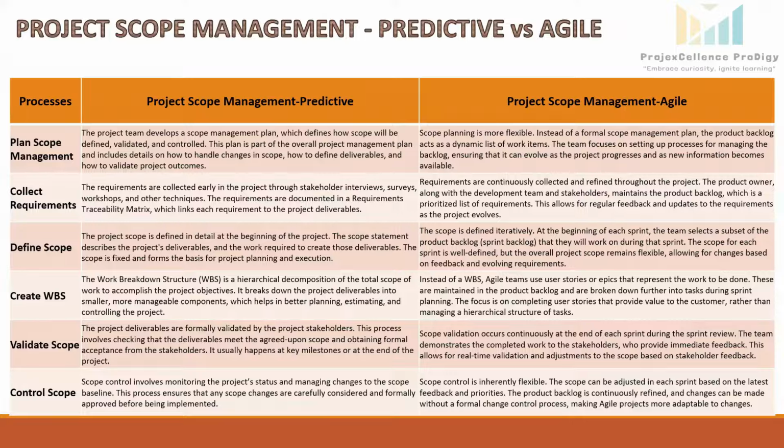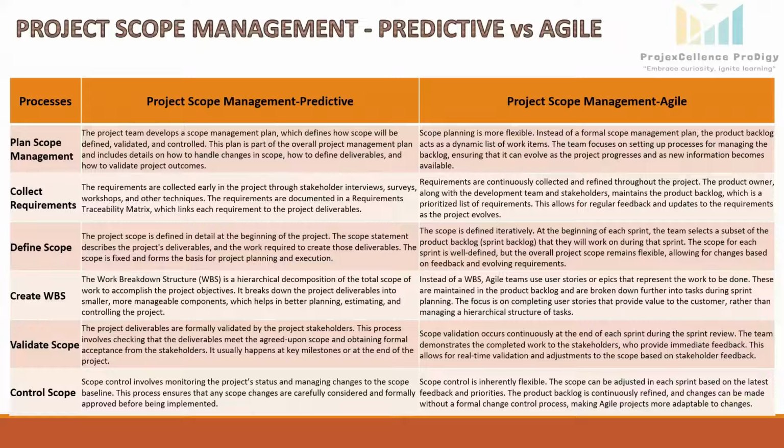In Agile, requirements are gathered and refined continuously throughout the project. The product owner and team maintain a prioritized list of requirements. We call it product backlog, which allows for regular updates based on the stakeholder feedback.